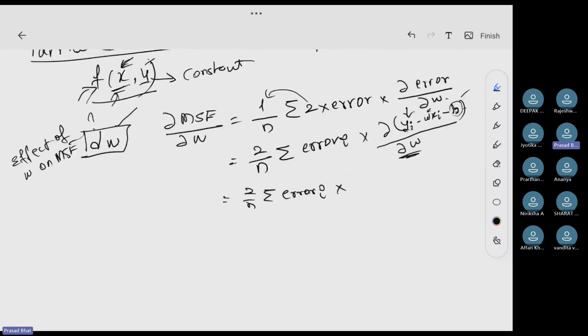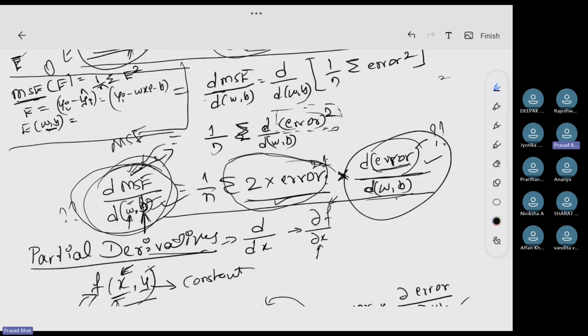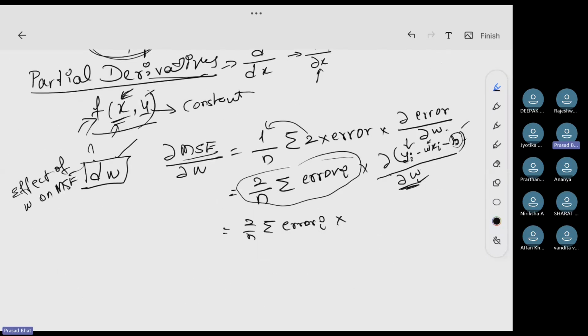Cool. All right, so far, where have we come? We are trying to find the effect of just w on MSE, right? This part is clear, no issues there, because it is with respect to the E function that we have taken here. However, here I need to treat b as a constant and w as the variable.